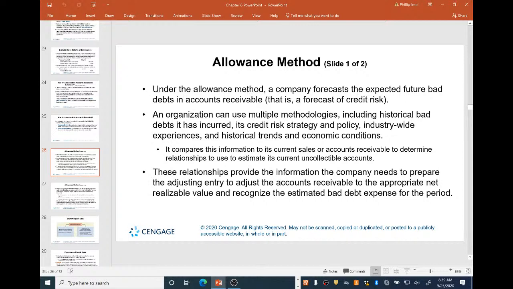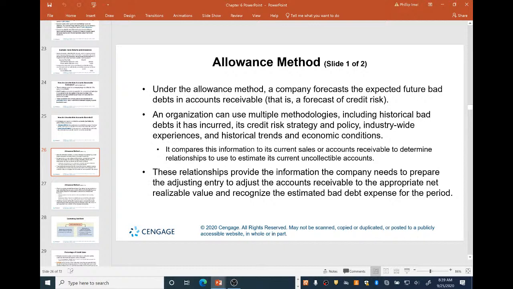So under the allowance method, a company forecasts the expected future bad debts in the accounts receivable. So that's a forecast of credit risk, pretty much, right? Because we know if we're extending stuff out on credit, then there's a risk we might not get it back. They can use multiple methodologies, including historical bad debts it has incurred, a credit risk strategy and policy, industry-wide experiences, and historical trends and economic conditions.